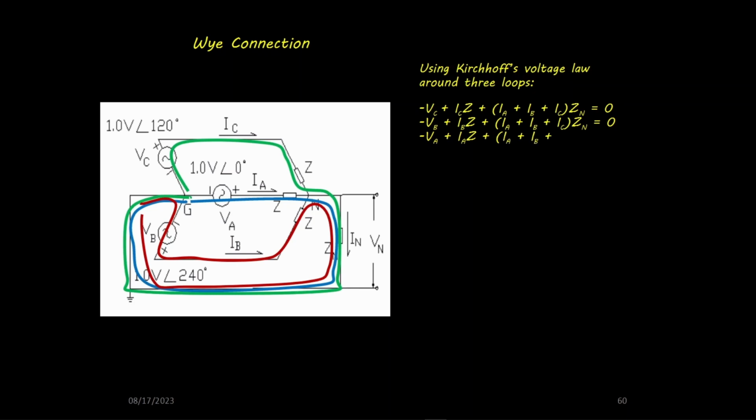The sum of the voltages around the blue loop is minus Va plus Ia times Z plus (Ia plus Ib plus Ic) times Zn equals 0.